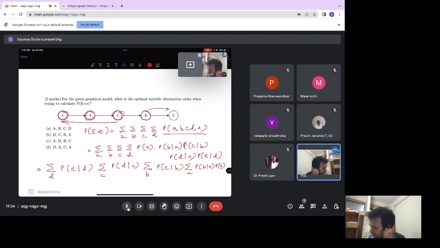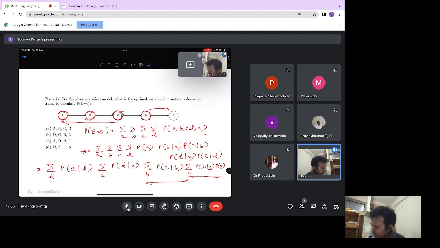I have written the exact same thing as in this sum. It's just that whenever I am marginalizing, I have to sum over A, B, C and D. So whenever A is the conditioning argument, I have moved that sum here. Whenever B is the conditioning argument, I have moved that sum here. I don't need to marginalize over A here because I have already marginalized A in the first sum, right? And therefore A need not be marginalized here.